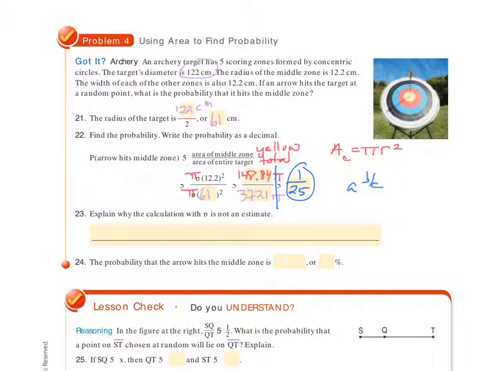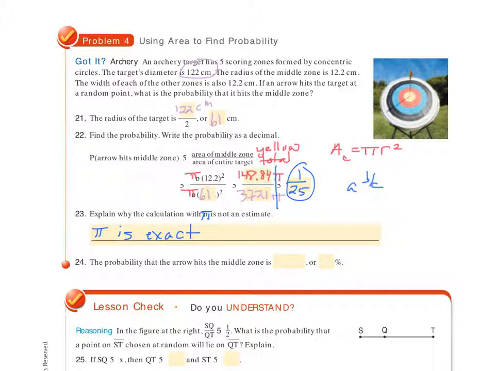And they want you to explain why the calculation with p is not an estimate, because this is your pi. Because pi is exact. It's just all there is to it.